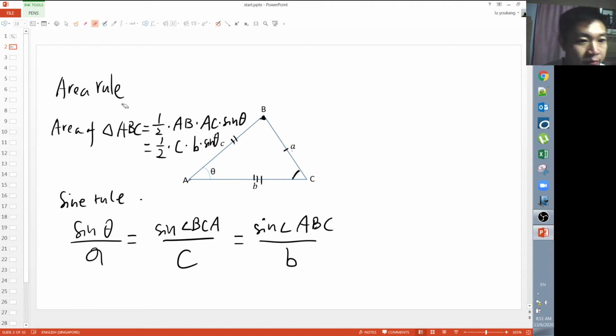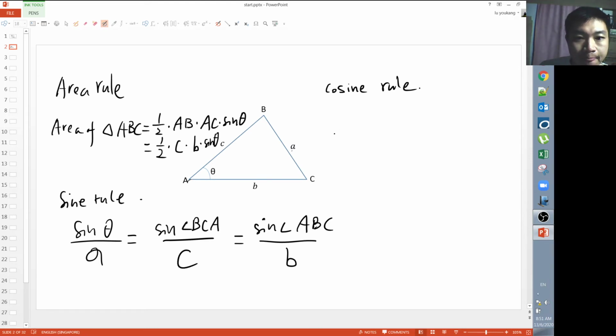Now let me move on to cosine rule. Okay, cosine rule looks slightly complicated, but it's not that complicated.